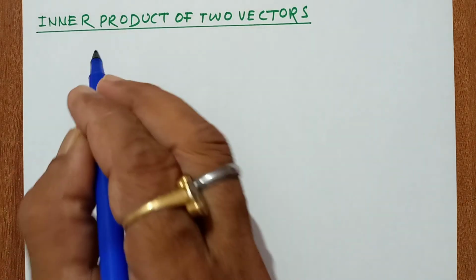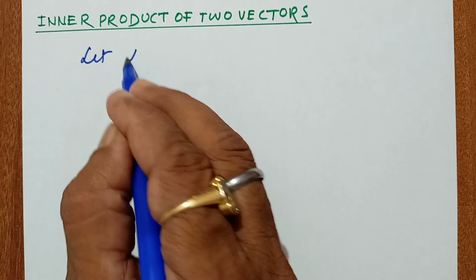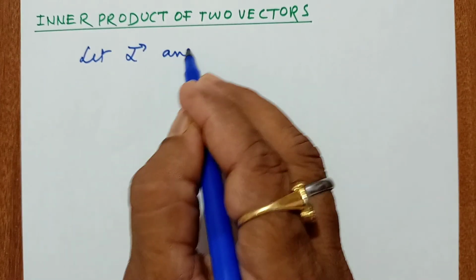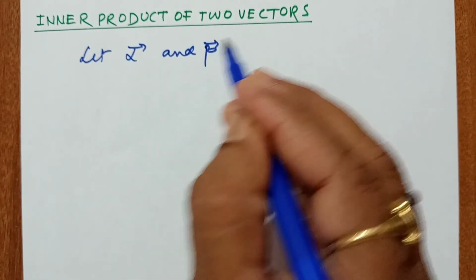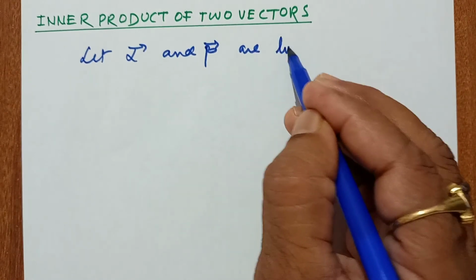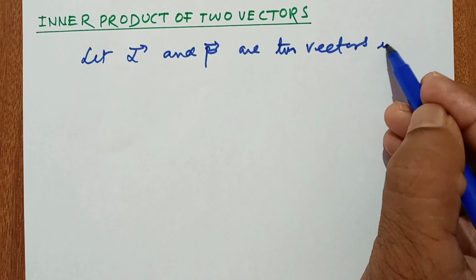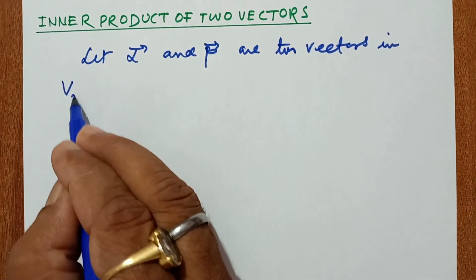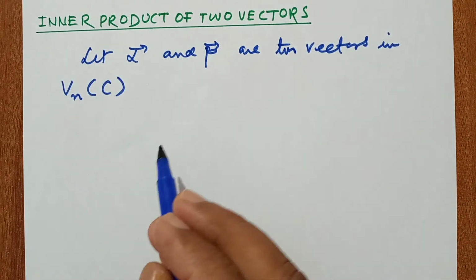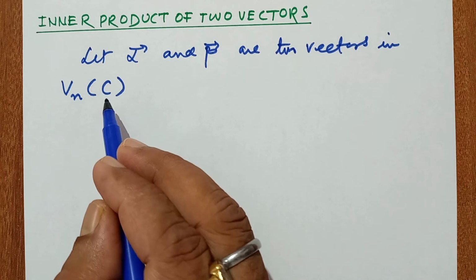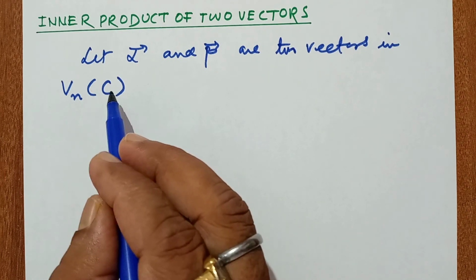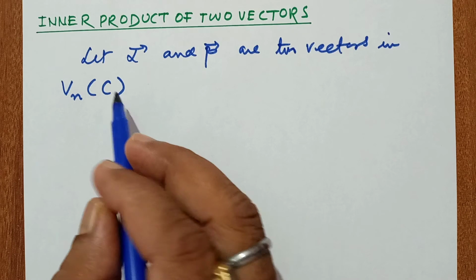So let alpha and beta be two vectors in Vn(C). What is C? It means V is a vector space over a field.